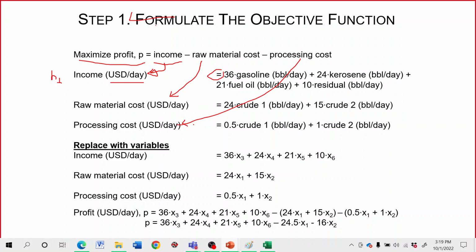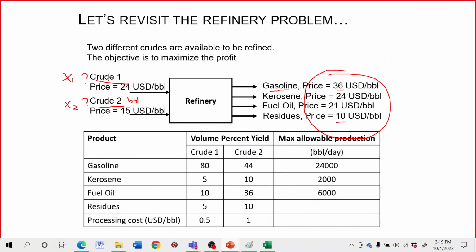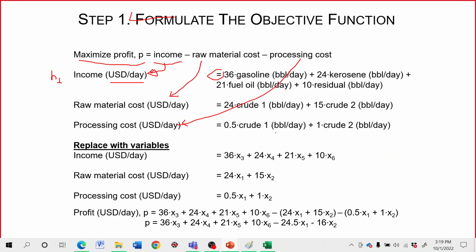This is the generic formulation, but it's very long to write, right? So we typically use symbols. In this case, this one is X1 and X2, and this we call X3, X4, X5, and X6. That's why the symbols come in. The raw material cost is then 24 X1 plus 15 X2, the same thing, just in symbols.